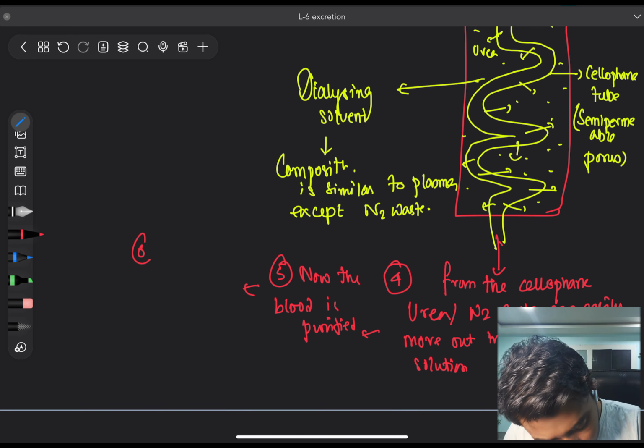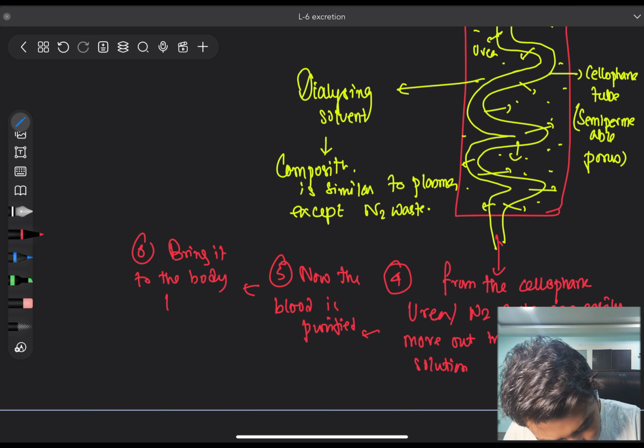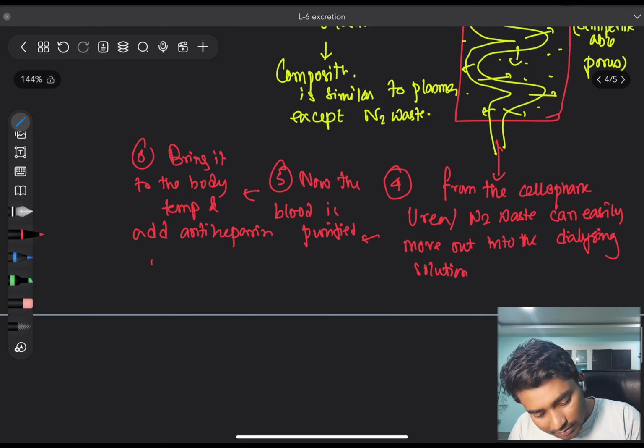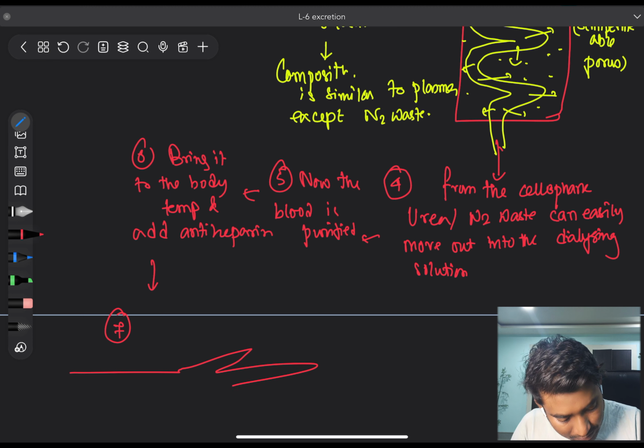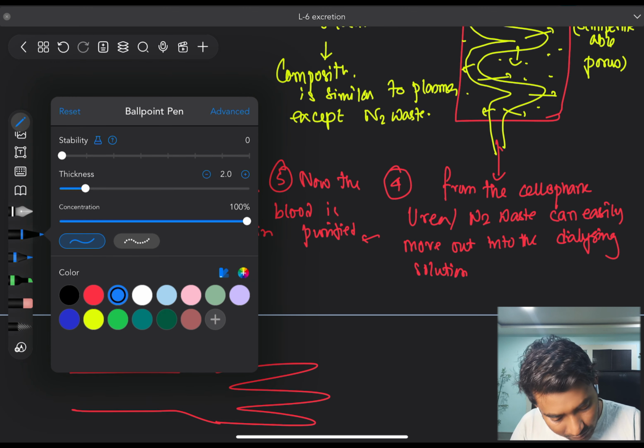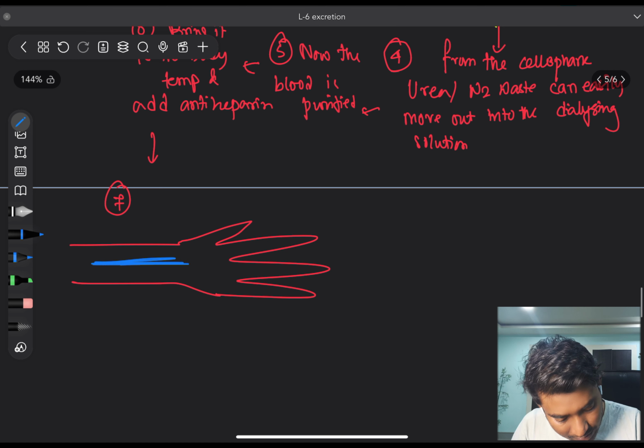Next, bring it to body temperature and add antiheparin. The last step is to return the blood into the vein of the patient.